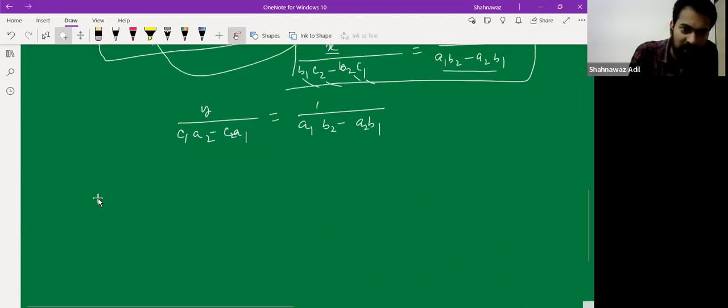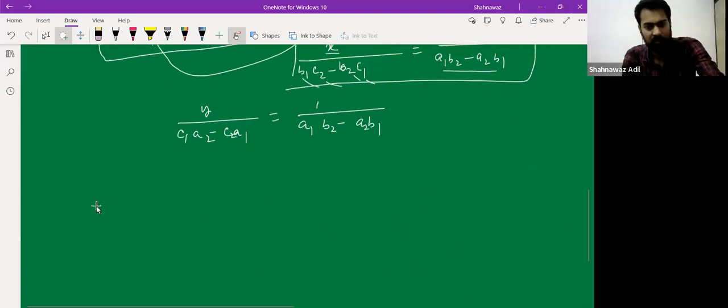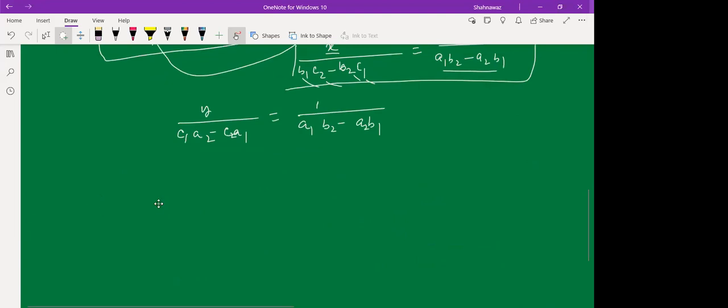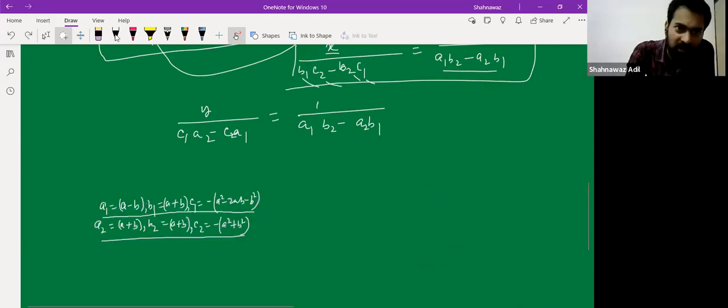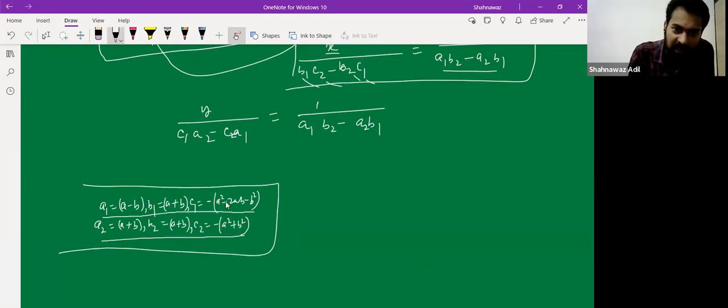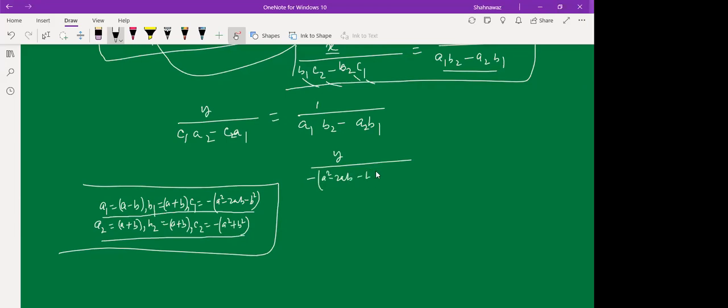Okay, so this is your value of coefficients. So C1 is what? Minus of A square minus 2B minus B square, right? So Y by minus of A square minus 2AB minus B square.